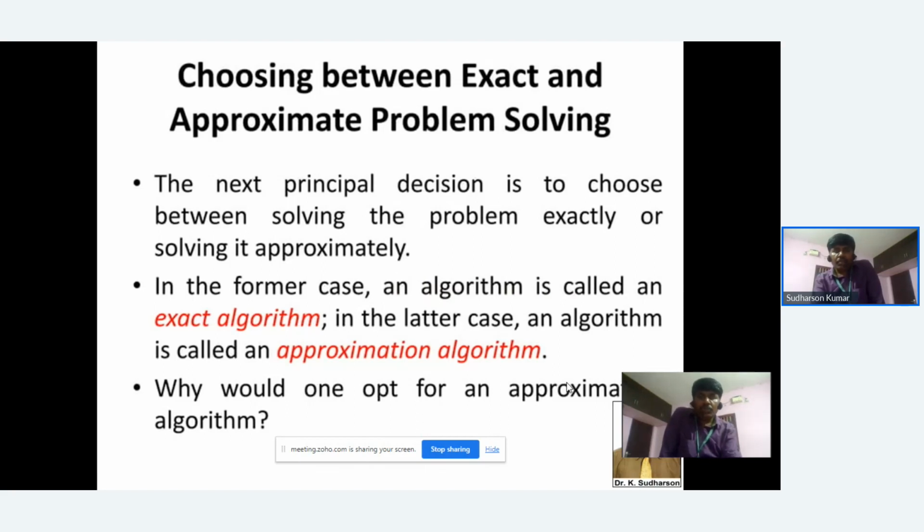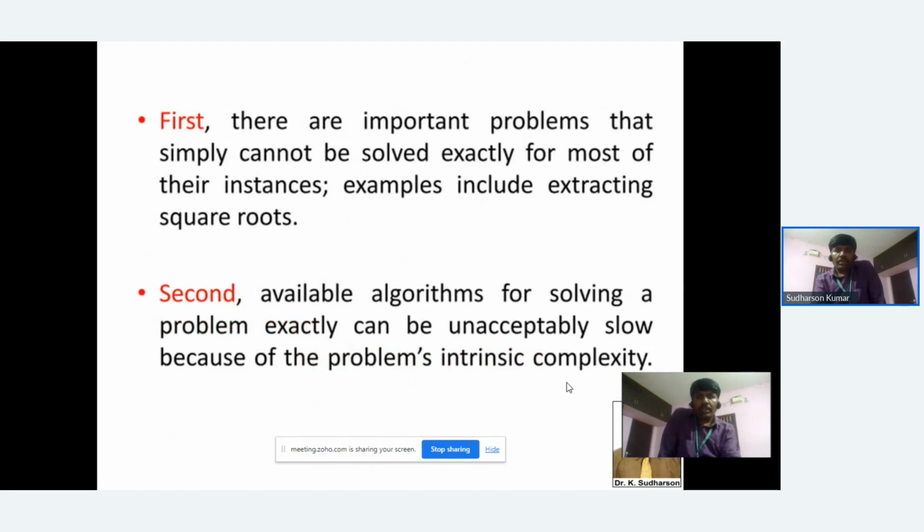Then choosing between exact and approximate problem solving. This is the next thing you have to work on while designing an algorithm. We know an algorithm is called an exact algorithm if it solves the problem exactly. In the latter case, the algorithm is called an approximation algorithm. First, there are important problems that simply cannot be solved exactly for most of their instances.